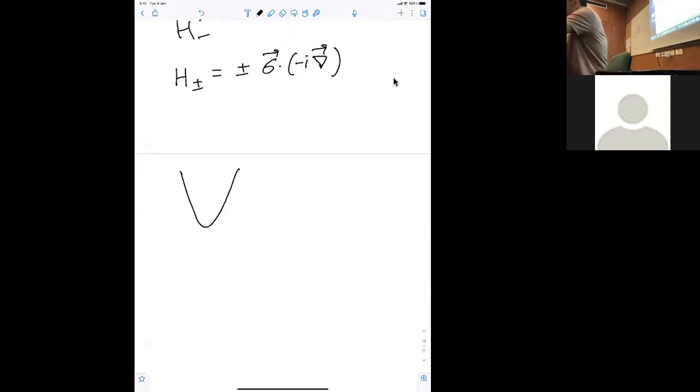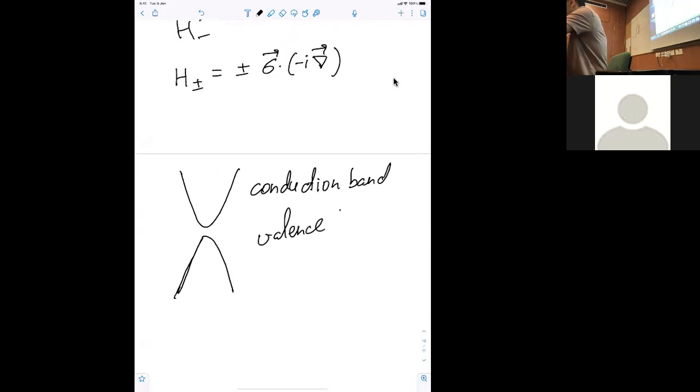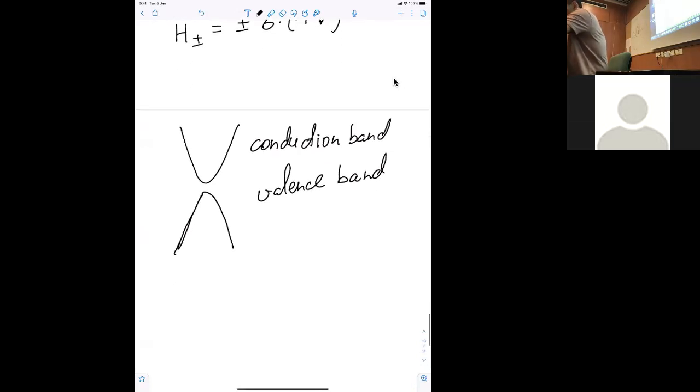We have something that has touching or near touching of the conduction band and valence band. And now we need to extend our treatment of quasi-particles that no longer can be assigned to a certain band, but are now spinors that belong to a combination of two bands.